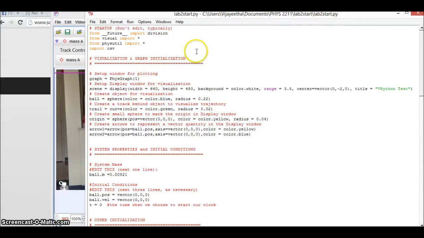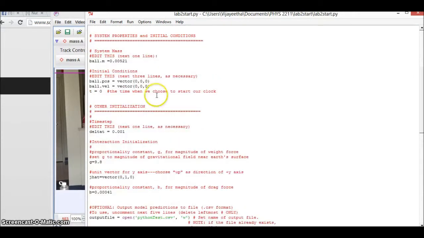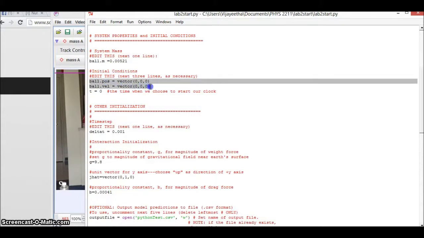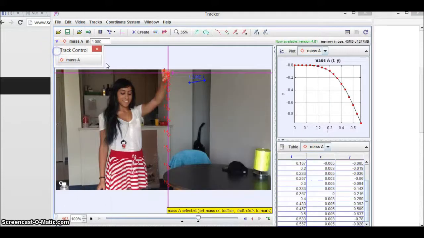In order to make a computer model of this, I set those values in VPython, and here are my initializations: the ball's mass, as well as the ball's position and velocity vectors. And the ball is starting at the origin, as can be seen right here.